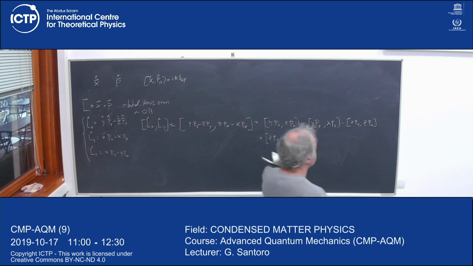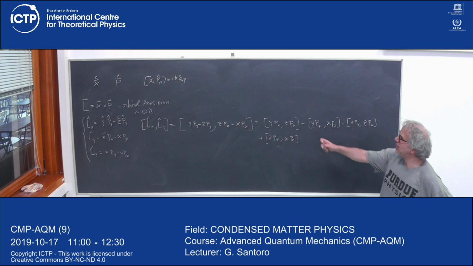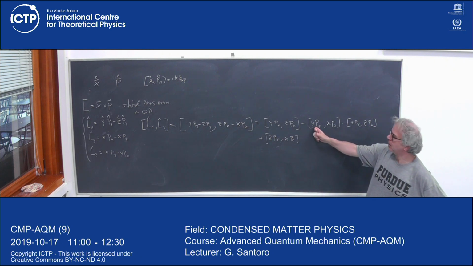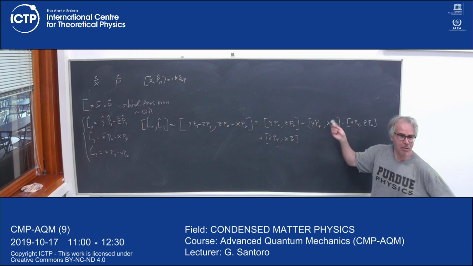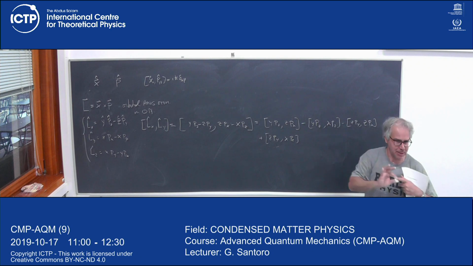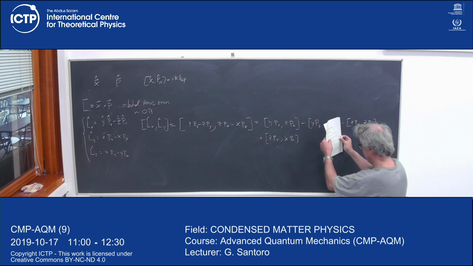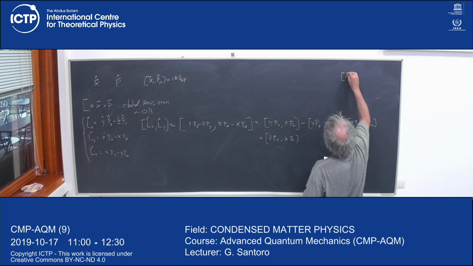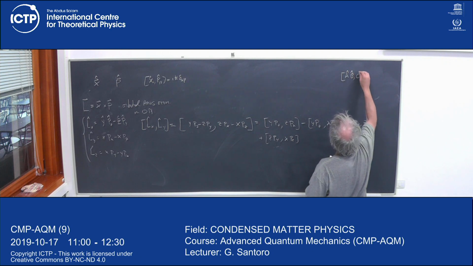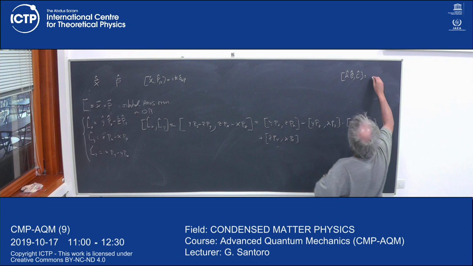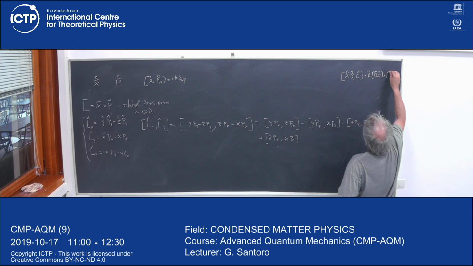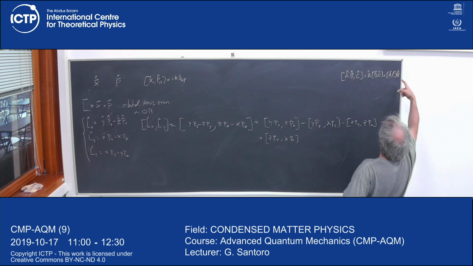Let's start looking at these two guys here. You see, x and pz commute, x and y commute, pz and pz actually commute. So if you do all your algebra of commutator of products, that you know how to do. By the way, remember, if I have an operator A times an operator B and I want to do a commutator with C, that's equal to, you take A out, B commutator C, plus A commutator C, you take B out, okay, in this direction.